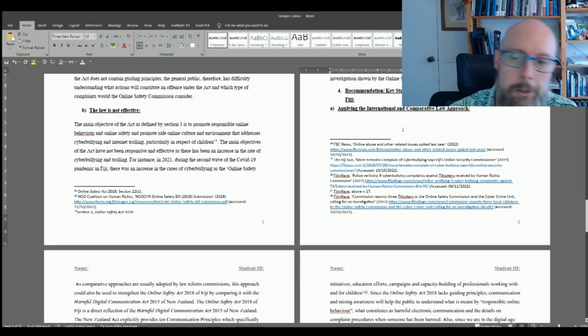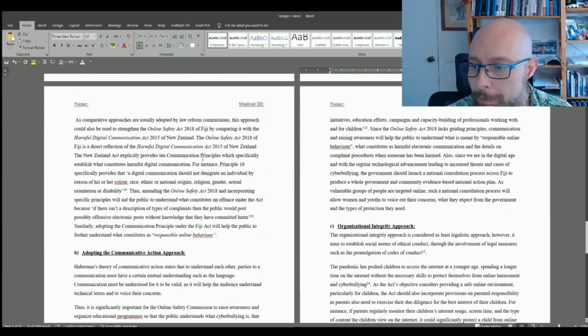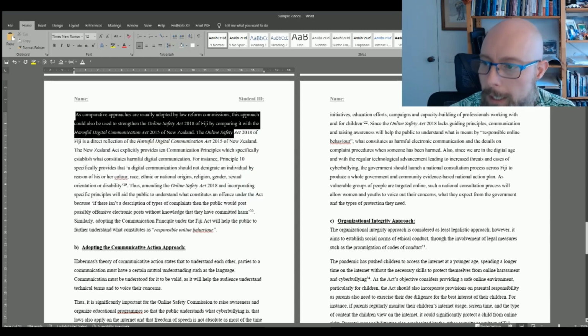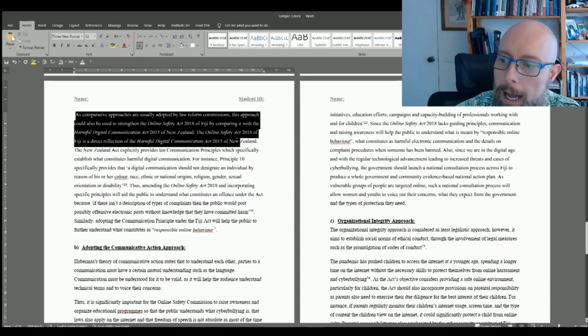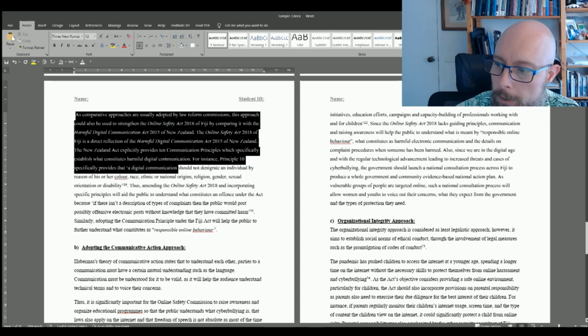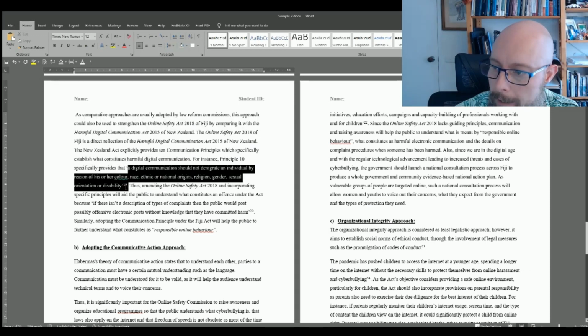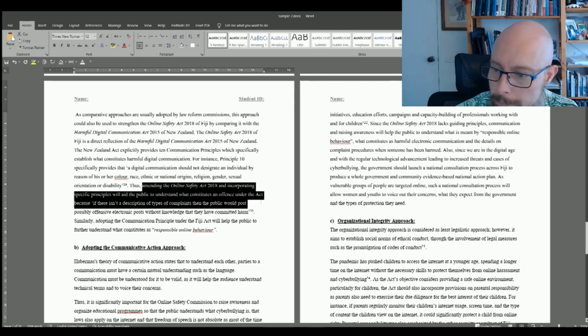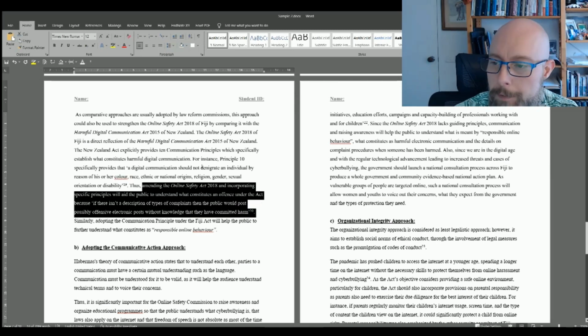The student then continues the structure, gets to recommendations, and they're looking for a comparative approach. Now, again, okay, they have looked a little bit at a New Zealand law here and said that is good and that could help the Online Safety Act.